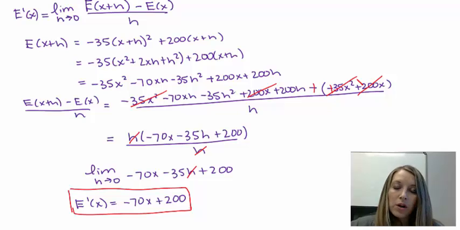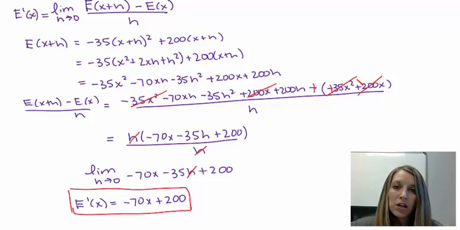So I have done all the work here to find the derivative. I've done the difference quotient, and then I plugged in the limit using my proper notation. So you figure out that the derivative, or E prime of x, is equal to negative 70x plus 200.